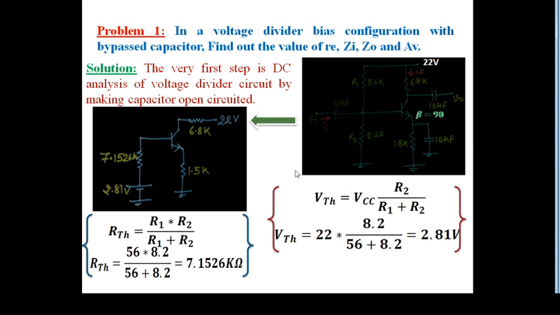Okay, so in the next step, this is the circuitry, and now we have to apply KVL in this loop. So what we have to write? 2.81 volt minus 7.1526 kilo ohm into IB minus VBE minus 1.5 into 10 to the power 3 times IB plus IC.